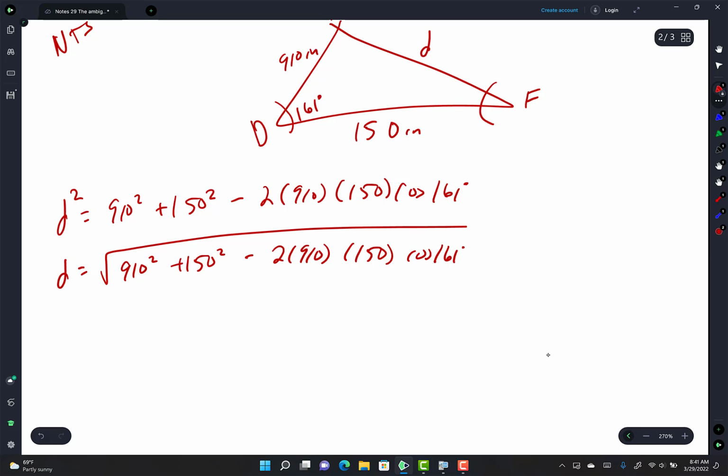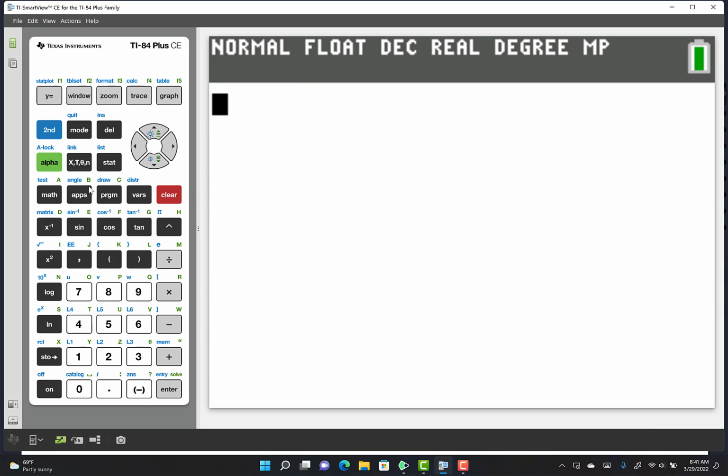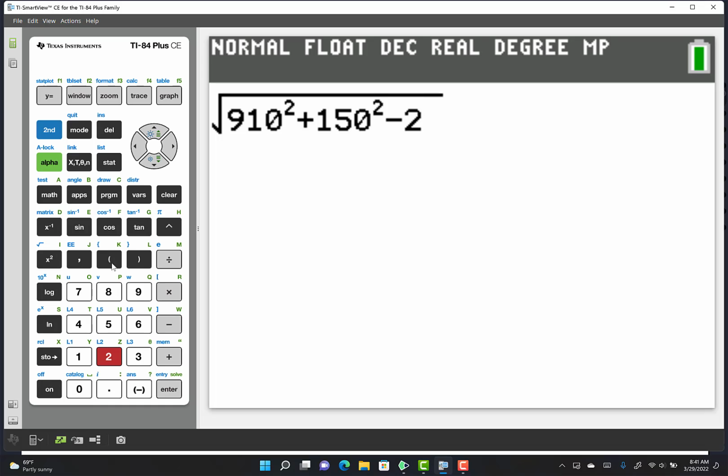All right, here we go. Take my calculator and I'm going to clear this. Second square root. And let's see if I remember. 910 squared plus, I already forgot it. Was it 150? 150 squared minus 2 times 910 times 150.